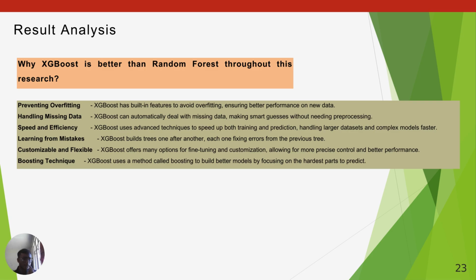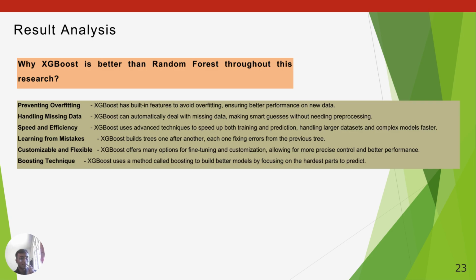On the other hand, it prevents overfitting to ensure better performance on new incoming data. It handles missing values automatically, making smart guesses without needing pre-processing. For speed and efficiency, it speeds up training and prediction, handling larger data sets and complex models faster.